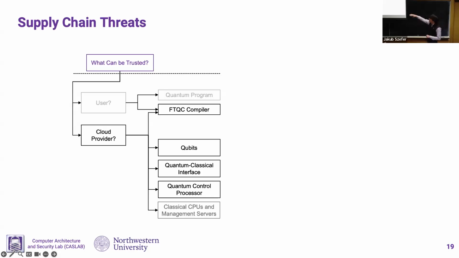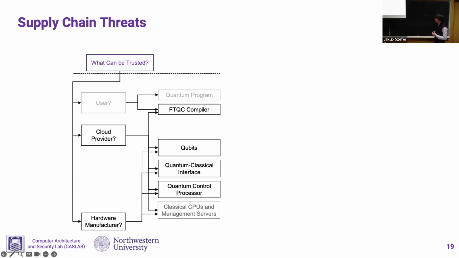But the cloud provider also controls the machine. If the machine is on premises in the cloud, then it could modify the qubits, maybe modify the controller logic, maybe insert something between the controller and the quantum computer at the interface. They could insert something in those parts. On the other hand, you have the manufacturer.